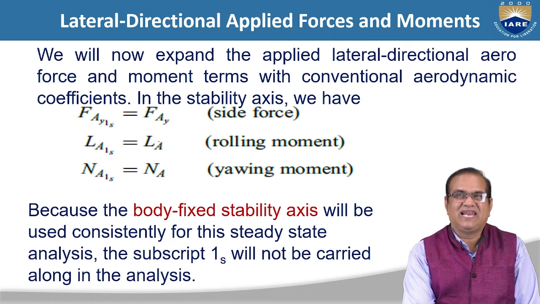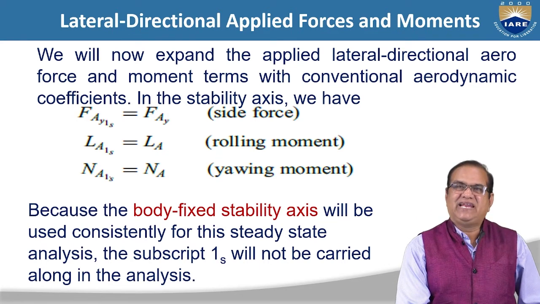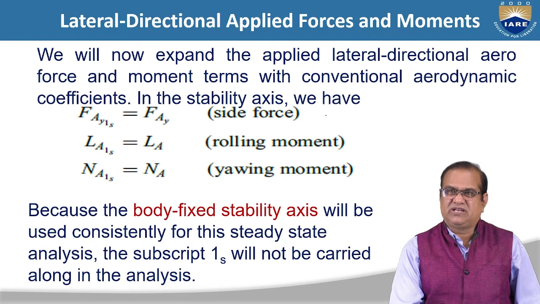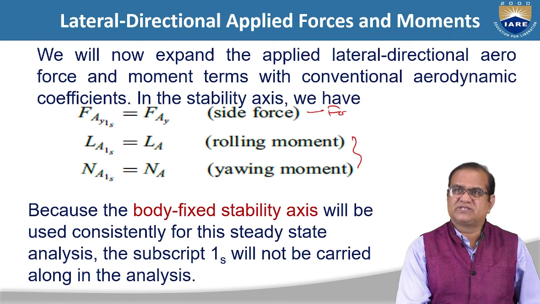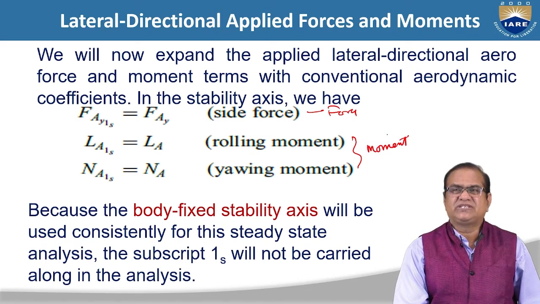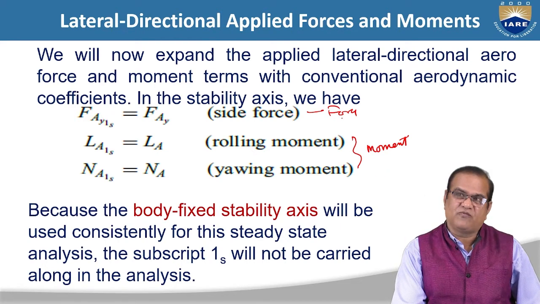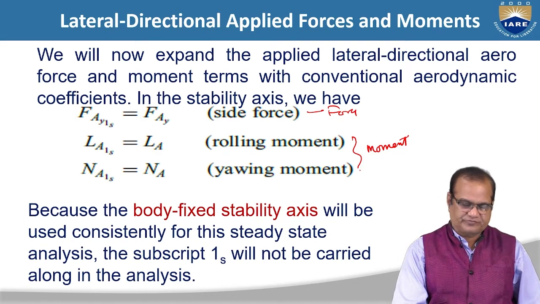La 1S is equal to La, this is the rolling moment, L is rolling moment, and Na 1S, this is Na, the yawing moment. So these three things are called lateral directional applied forces and moments. There is one force and two moments in lateral directional applied forces.